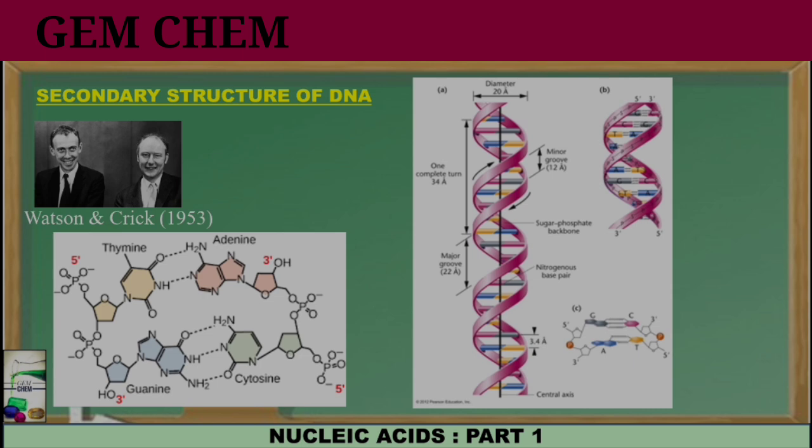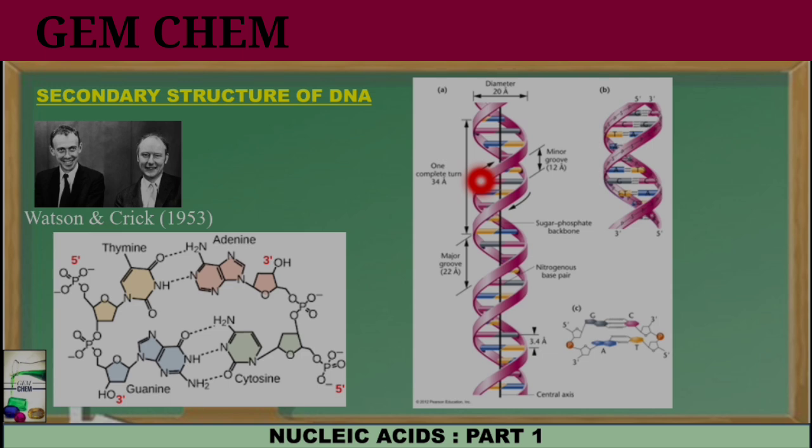The width of this chain is 20 angstrom, and the bases are nearly perpendicular to the helix, at 90 degrees. The helix repeats itself, a complete turn, every 34 angstrom, and there are a total of 10 bases in this 34 angstrom per turn of the helix.